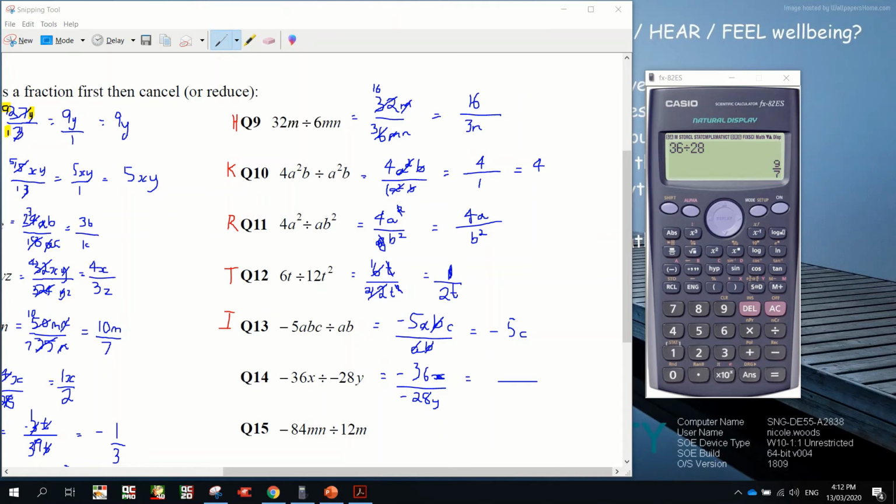Highest common factor there, 4, so how many times does 4 go into 28? Well, why don't we check? 28 divided by 4 will tell us how many goes into it, 7. And 36 divided by 4 will tell you 9.